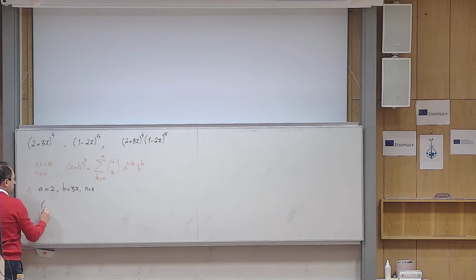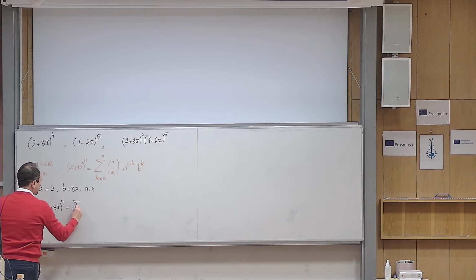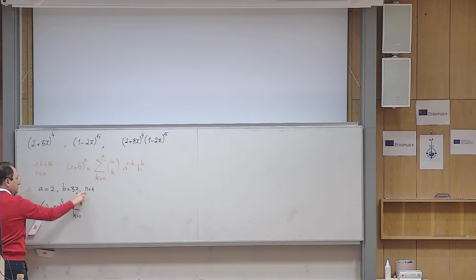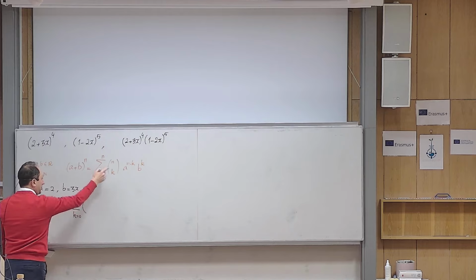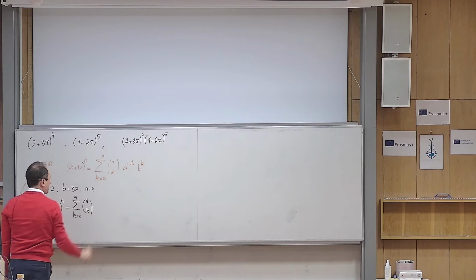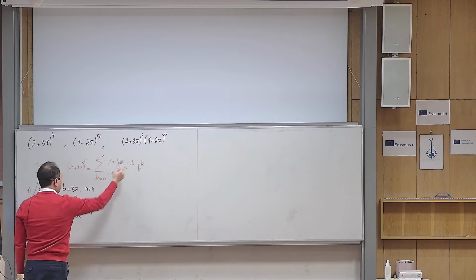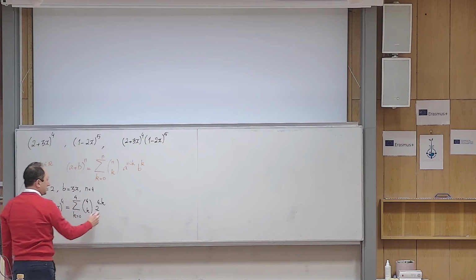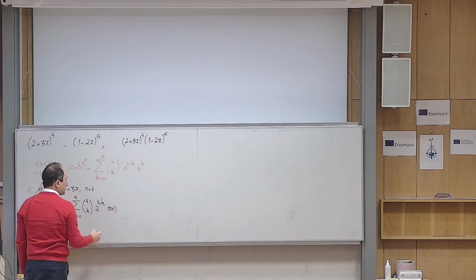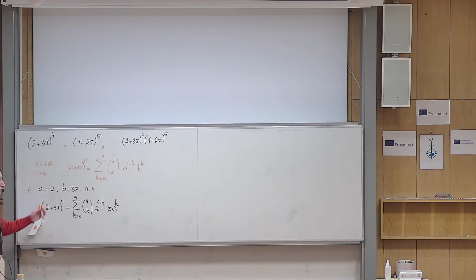So (2 + 3x)^4 becomes the sum, k goes from 0 up to 4, of 4 choose k, times 2 to the power of 4 minus k, multiplied by (3x) to the power of k, where k is the counter. So this is the form that I have.